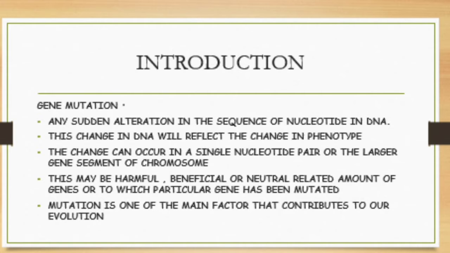And these mutations can occur in a single nucleotide pair or on a larger segment of a chromosome, depending upon the stage of the mutation. And one of the important points is that mutation is one of the main factors that contributes to our evolution.